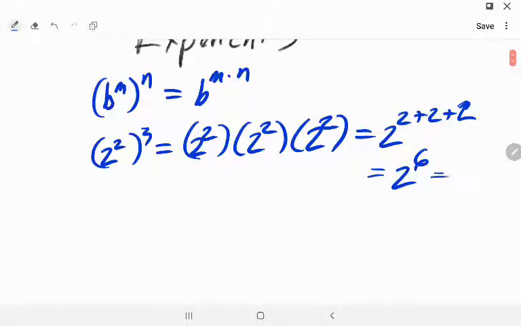And so we get 2, 4, 8, 16, 32, 64. And unsurprisingly, if we took 4 cubed, we would get 64.